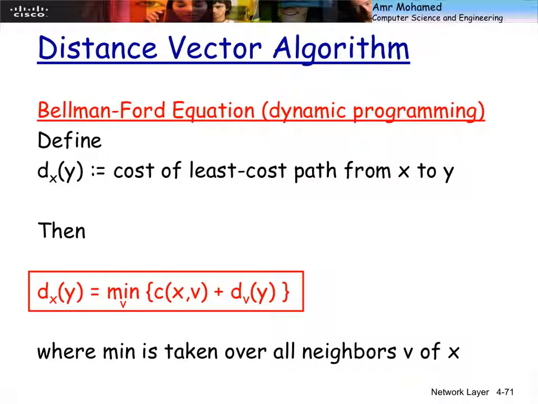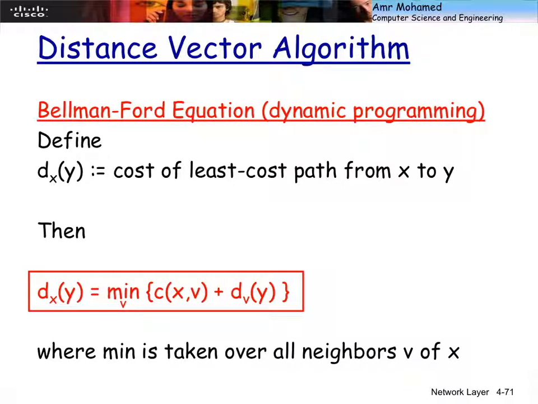Okay? So if, for example, I need to calculate the distance from x to y and y happens to be an adjacent node, then this is basically c(x,y) plus the distance from y to y, which is 0.